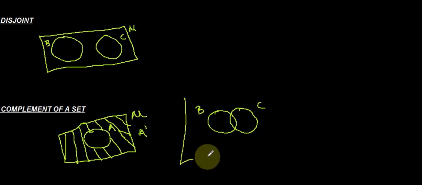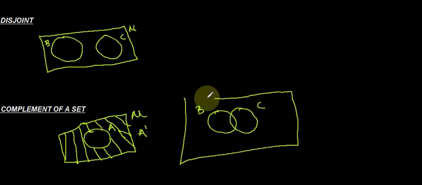Let's draw a scenario involving two sets that have something in common. Let's say this is set B and set C, enclosed in the universal set.